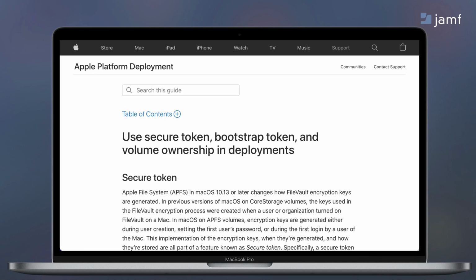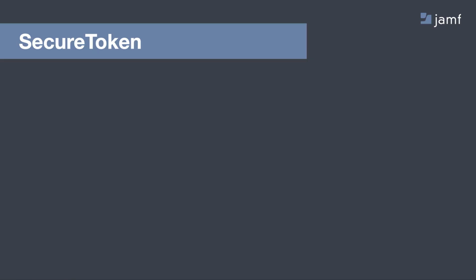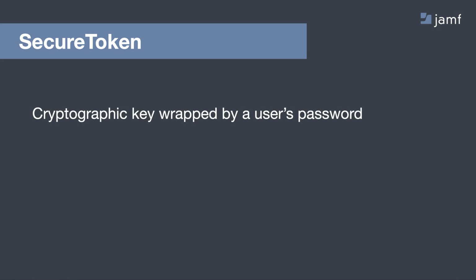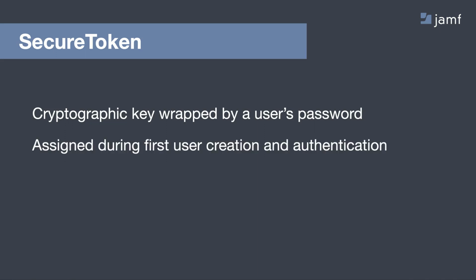And while reading is best, a brief summary can be useful for us so we're all on the same page. First up is secure token. In short, it's a cryptographic key that's assigned during the account creation, and it's wrapped by that user's password. So that key is linked to that user, and if that user has a token, they can give a token to another user as well.